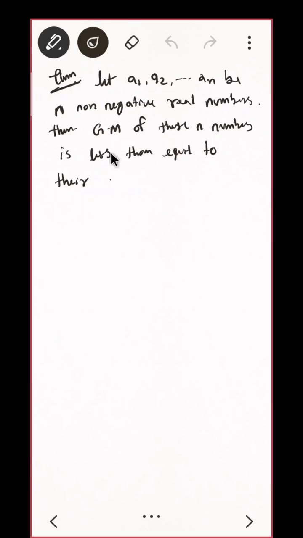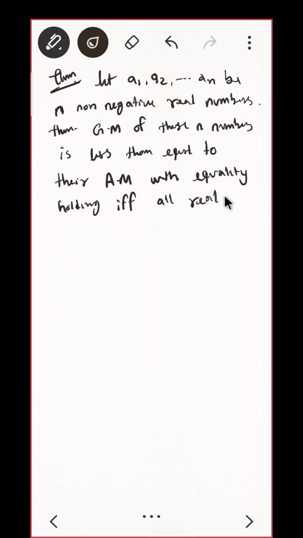So the geometric mean of these n numbers is less than or equal to their arithmetic mean. Do you agree? Since we saw two variables, now we have to see for n variables. Correct? With equality, when do you say they are equal? If and only if all real numbers are equal. Do you agree?